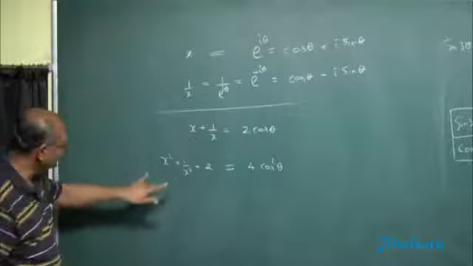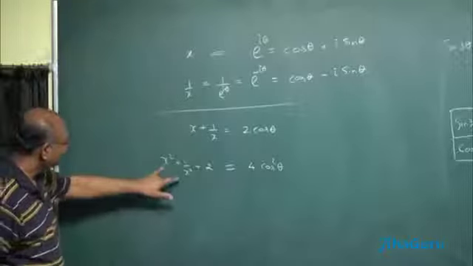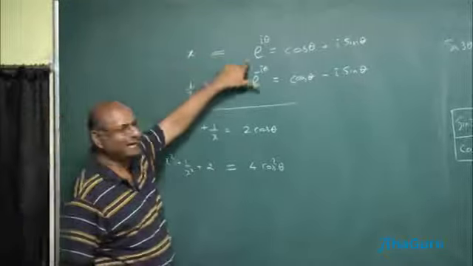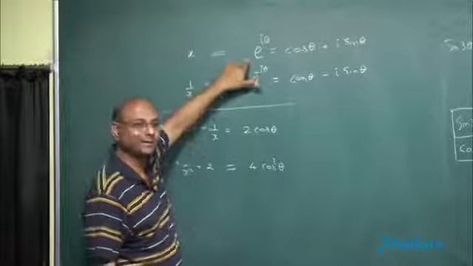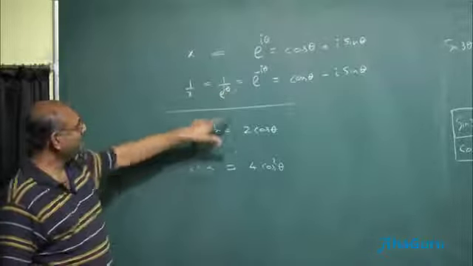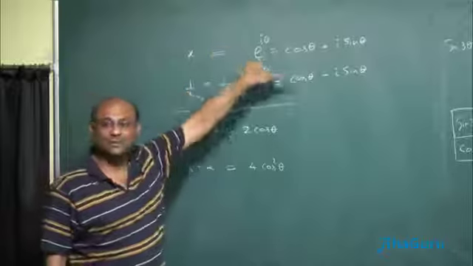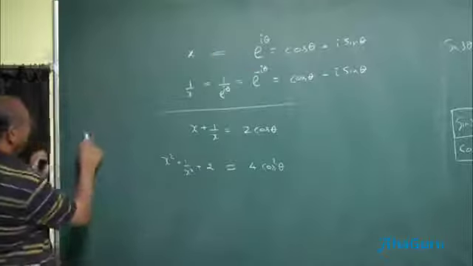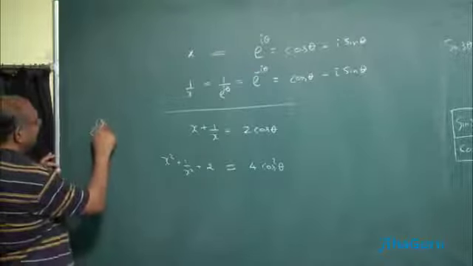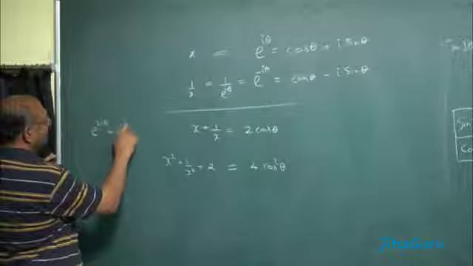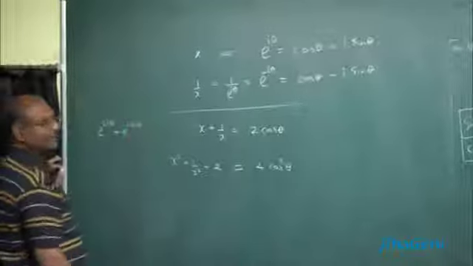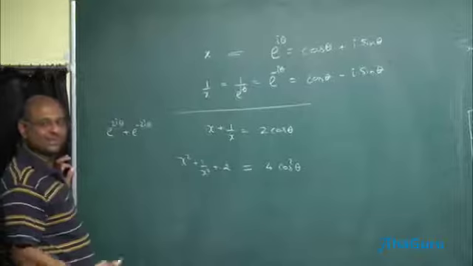Now what will I do with this fellow? But wait a minute. What is x square? e power 2i theta. What is 1 by x square? e power minus 2i theta. What will be e power 2i theta plus e power minus 2i theta? 2 cos 2 theta.